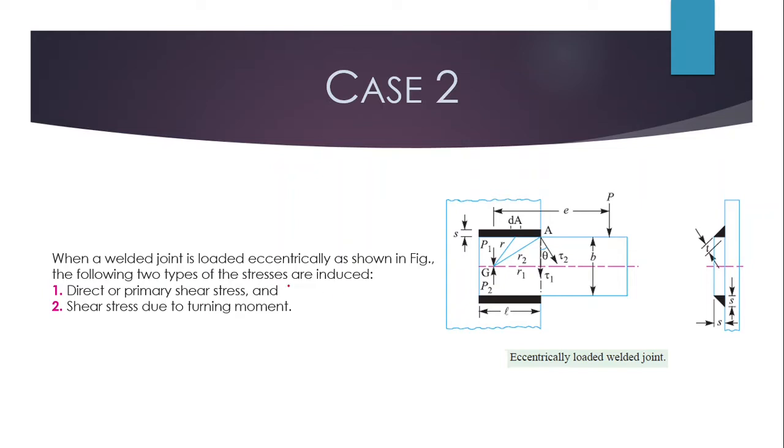Both stresses are shear stresses: one direct or primary shear stress, and another one shear stress due to turning moment. We know that this shear stress due to turning moment is acting at this particular welded portion. Then direct or primary shear stress acts at this particular welded portion.